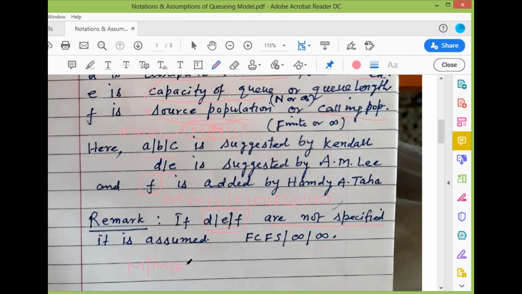But we have not clarified what D, E, and F are.